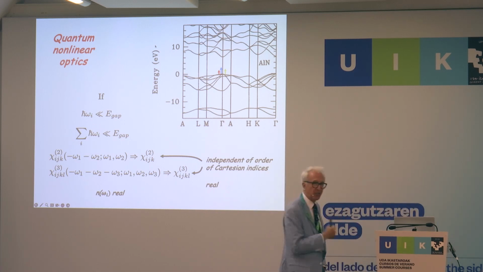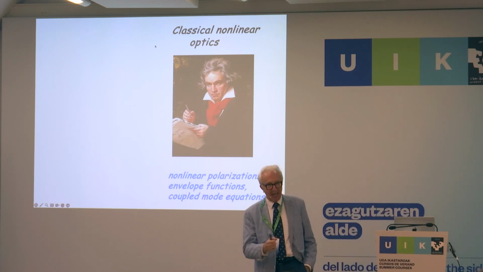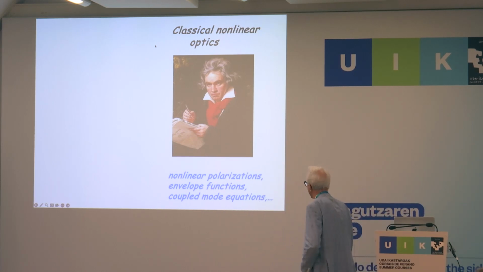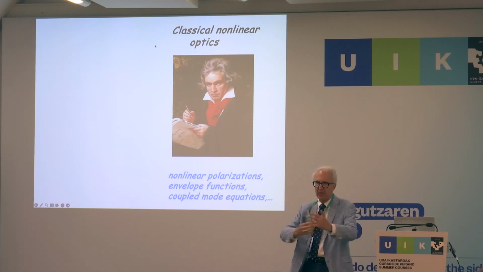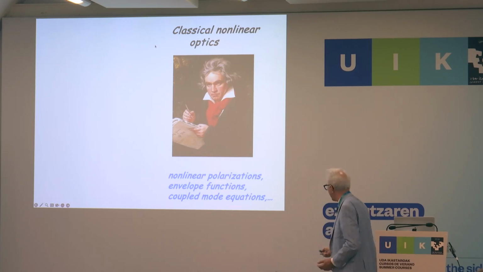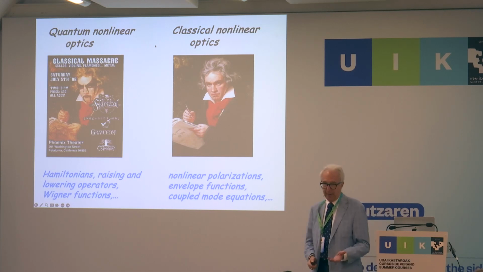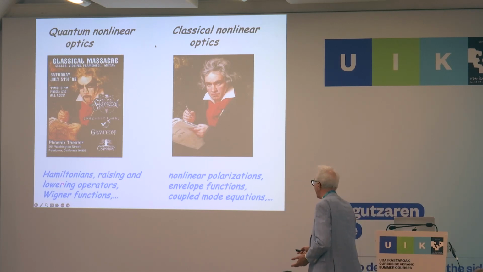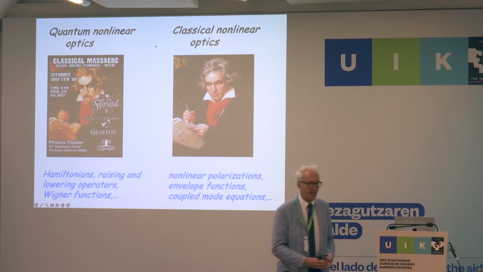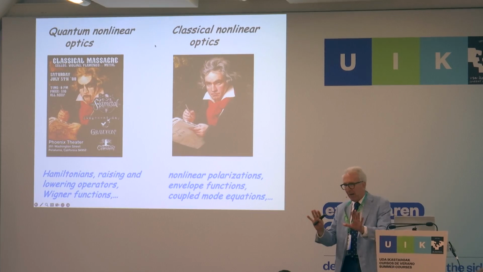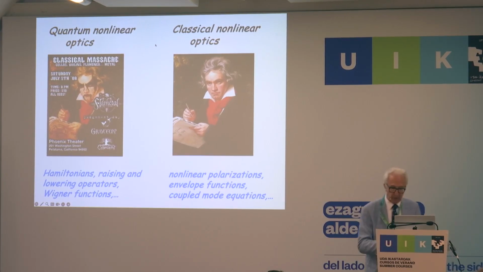But the way one talks about quantum nonlinear optics is different than the way one talks about classical nonlinear optics. Classical nonlinear optics is nonlinear polarizations, coupled mode equations as these fields propagate along, introducing envelope functions and so on. If you're doing quantum nonlinear optics, you talk about Hamiltonians, raising and lowering operators, Wigner functions, and so on. It's a different language, okay? But it's not so hard to get used to, and you can see parallels between what's going on.